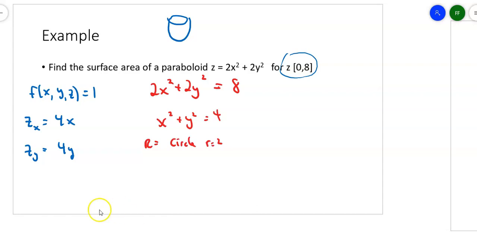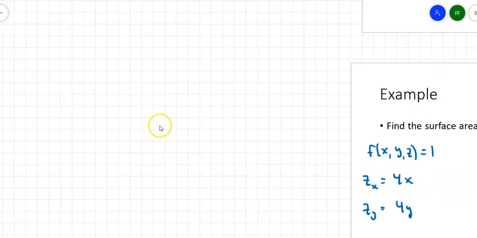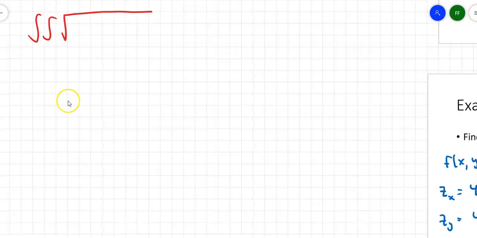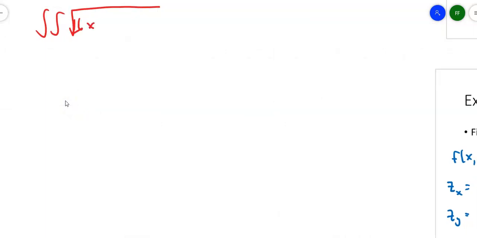All right, so when I set up this double integral, it's going to look like this. I'm going to have a double integral of the square root of 4x squared plus 4y squared. So don't forget, when I square a 4x, I get a 16x squared.